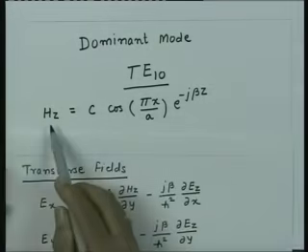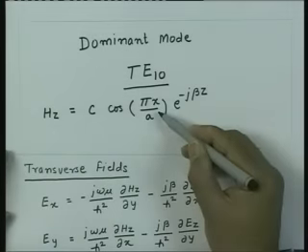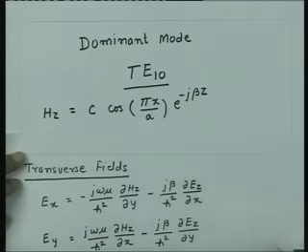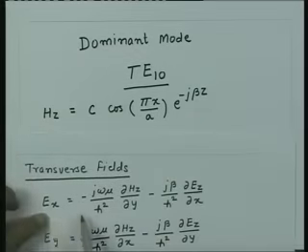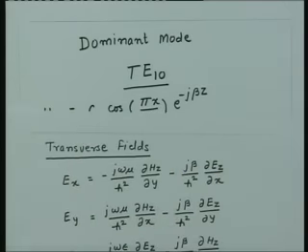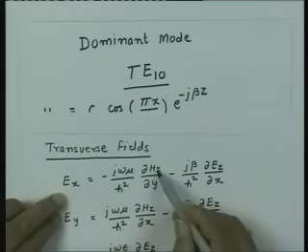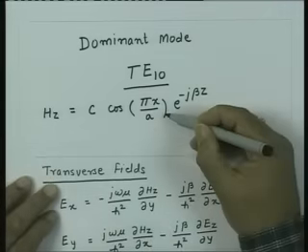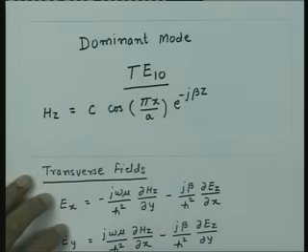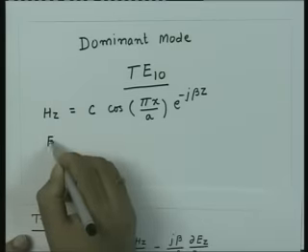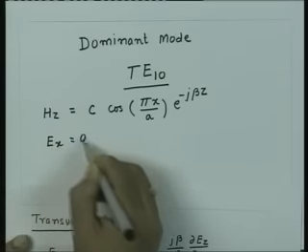First of all, note here that Hz is only a function of x, that means the derivative of Hz with respect to y is 0. Ez is already 0 for the TE case. For Ex we have the derivative of Hz with respect to y, and this is not a function of y, so this quantity is 0. That is why Ex is 0 for this mode.